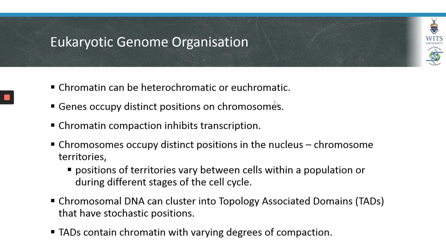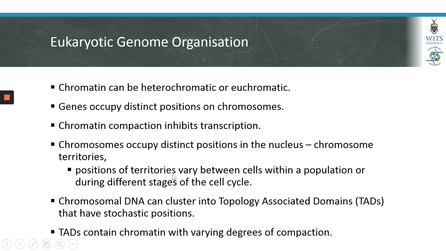We also know that genes occupy distinct positions on chromosomes. So you get chromosomes, and certain regions of that chromosome may be gene dense, and other regions of the chromosome may be gene poor. We also know that chromosomes occupy distinct positions in the nucleus, and these distinct positions are referred to as chromosome territories.